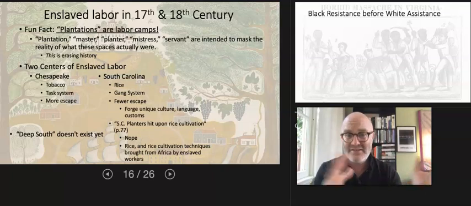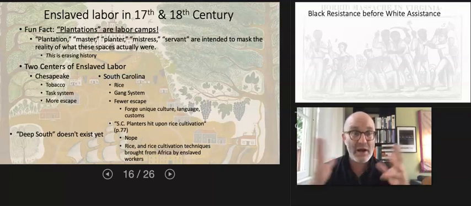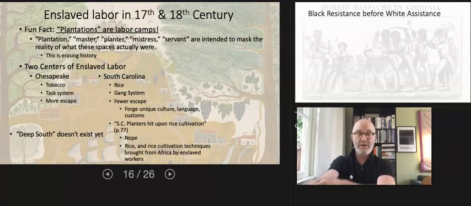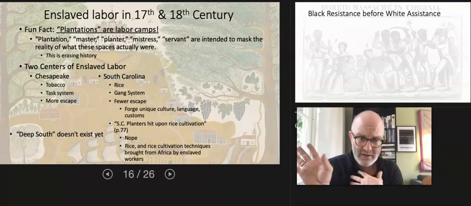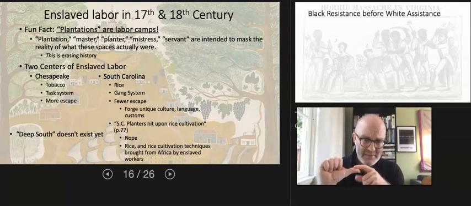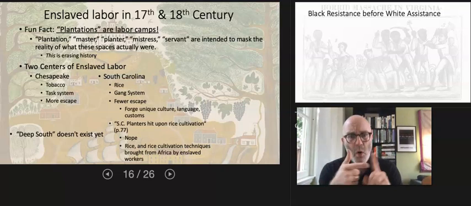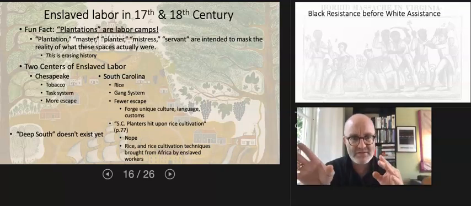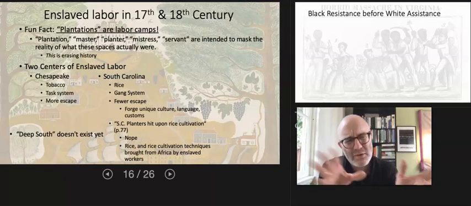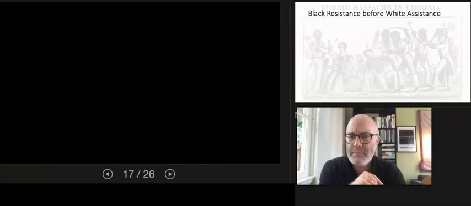We don't even get into the idea of settling what are now the states of Alabama, Mississippi, parts of Georgia. We don't even get there until the 1830s. So we are way, way far away from either cotton as a major commodity crop or the Deep South, along the Mississippi and things like that. A little exception with New Orleans, but we won't get into it.